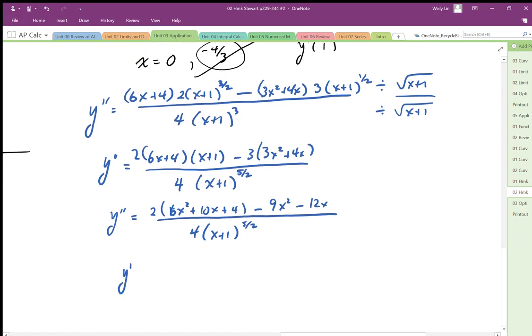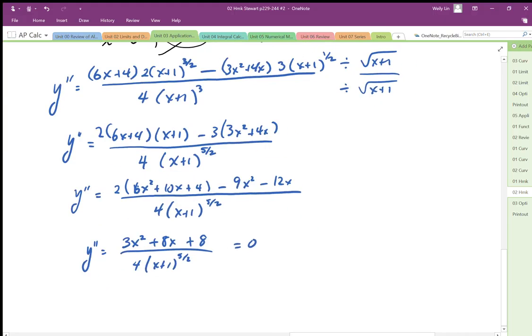Combining like terms, 12x squared minus 9x squared is 3x squared. 20x minus 12x is going to be plus 8x plus 8, and that's all over my denominator. Now I can solve for my inflection point. So I'm going to solve that quadratic equal to 0.